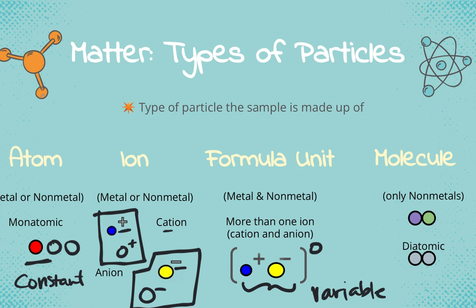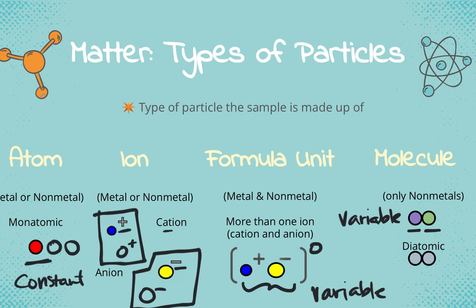Then we have what is called a molecule. Molecules are made up of only non-metal elements. In this first example, you have a molecule of two different non-metals. So this would have a variable composition.